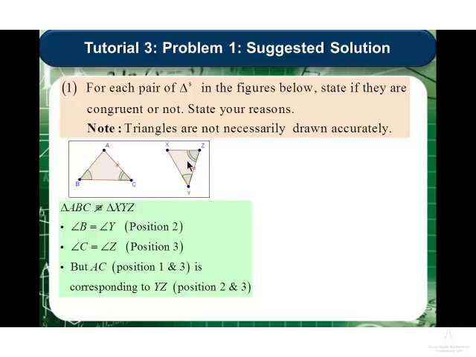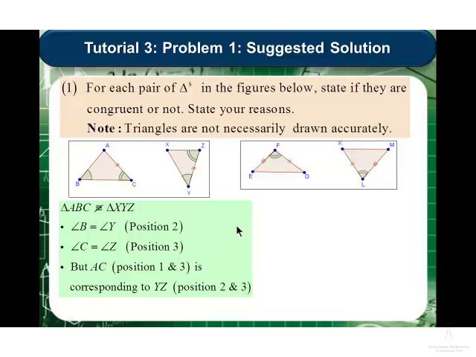In fact, AC and ZY have the same length, but ZY is position 2 and 3 of the given triangle XYZ. So in this case, the two sides are equal, but they're not corresponding sides for the given triangles. So we can state that these two triangles are indeed not congruent.